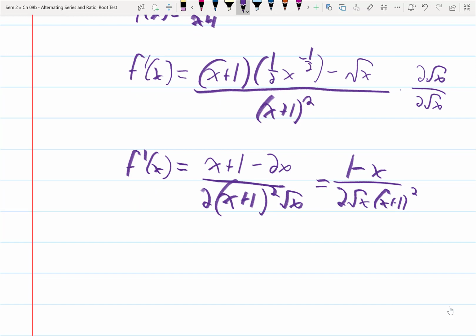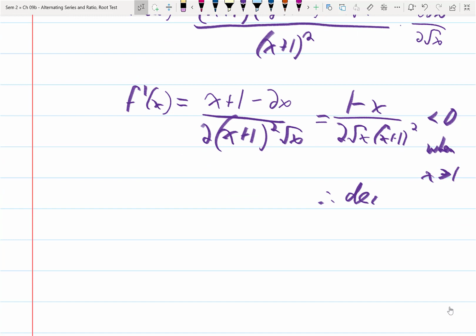And that is less than 0 when x is greater than 1. Therefore, it's decreasing. So we've checked off both our boxes.